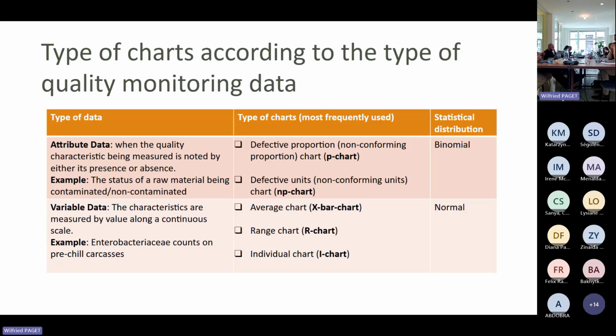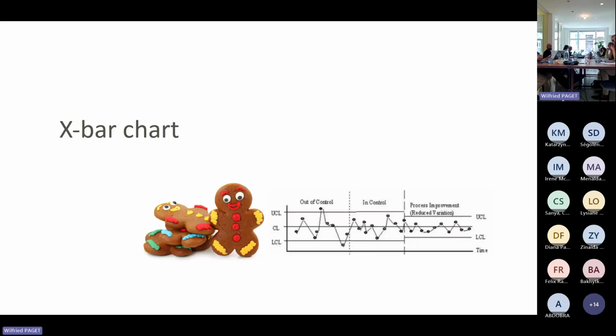For the attribute data, you can see the P chart and the NP chart, binomial. I already explained this. For the variable data, you can use the X bar, R chart, and also the individual chart, but it is not very common. The I chart is used when you analyze just one unit, but it's not very common to use this.